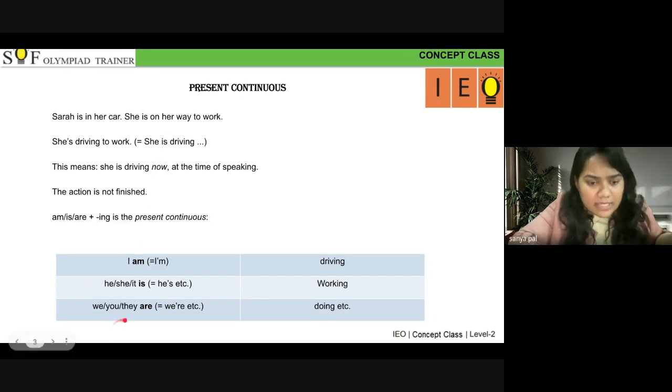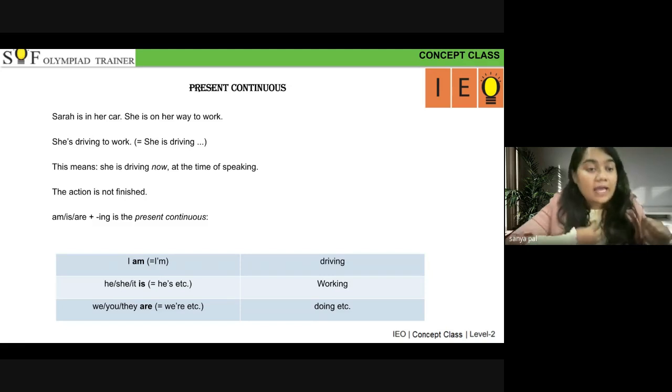Can you all see here at the bottom this, right? This is the structure of present continuous. Okay. Am, is or are plus first form of the verb and then ing. I am teaching.